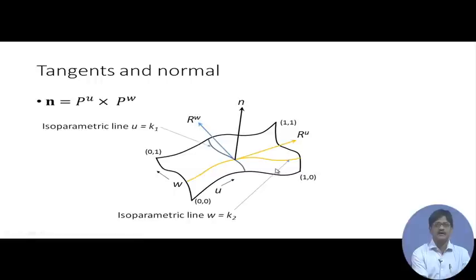So, let us now have a look at tangents, definitions of tangents, normals, etc., with respect to the Bezier surface. So, what do we have here? We have the Bezier surface where one side is having the parameter u associated with it, the other side is having the parameter w associated with it, instead of x and y.